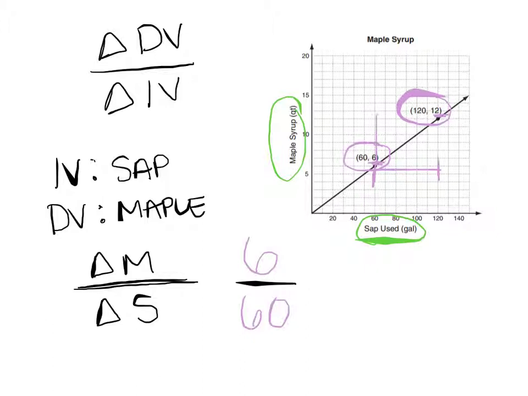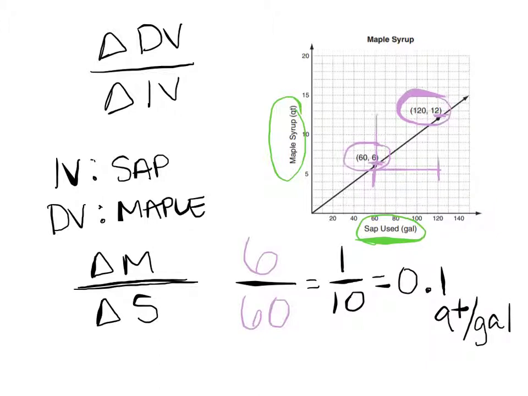We can simplify our rate of change a little bit more. We can take out a 6, right? We can divide by 6, so we have 1/10. So 1 quart of maple syrup per 10 gallons means our rate of change is 0.1 quarts per gallon. We get 1/10 of a quart for every gallon of sap we use.